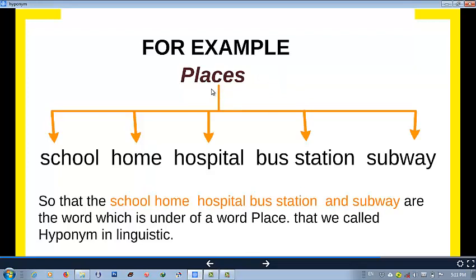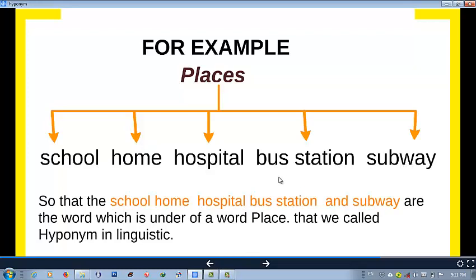Places is the upward term in the cluster that has a general meaning for school, home, hospital, bus station, and subway. So all of these words we can call hyponyms of the word places, or we can say places is the superordinate of school, home, hospital, bus station, and subway.